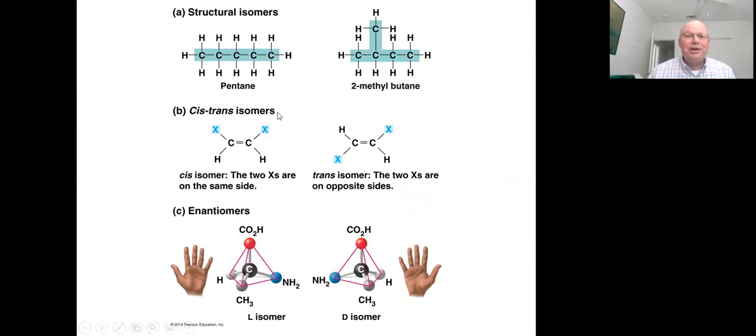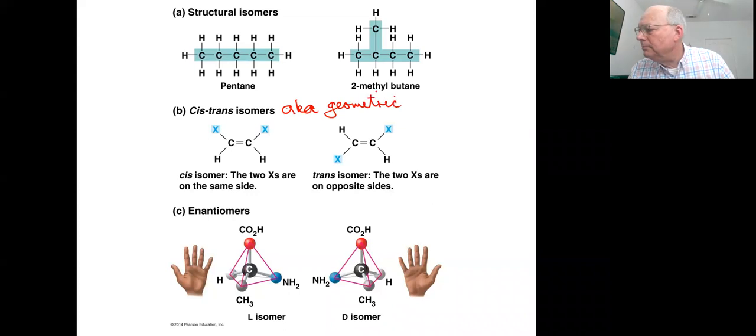So the next type of isomer, indicated here as the cis-trans isomer, are also known as geometric isomers. The book has got into the habit of using the term cis-trans isomer.